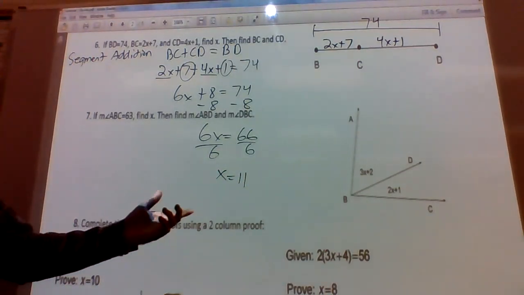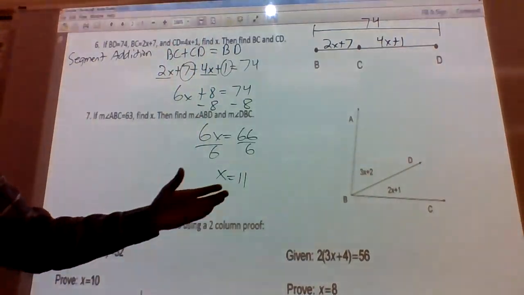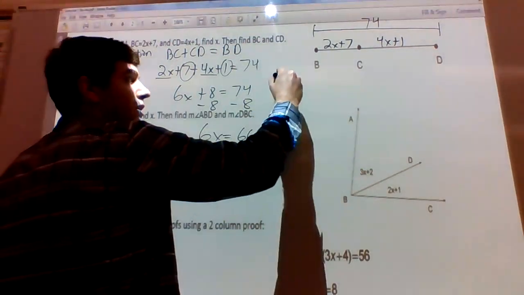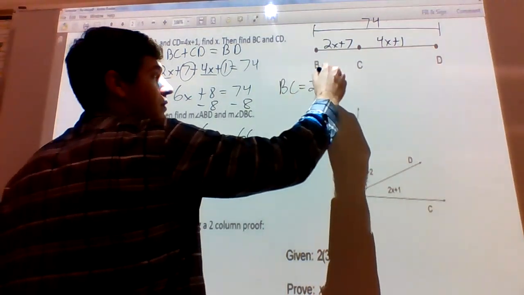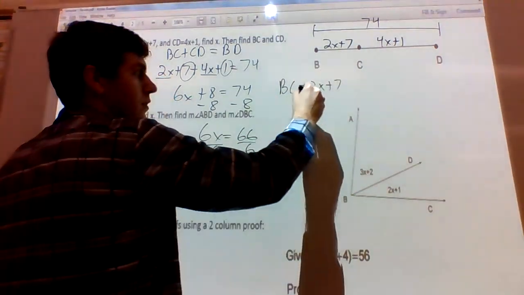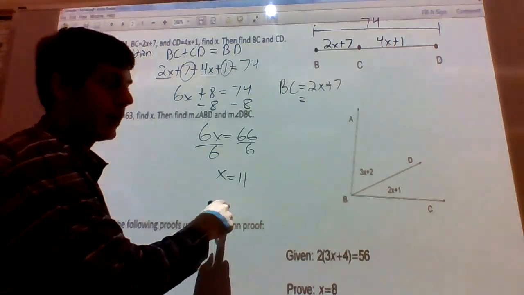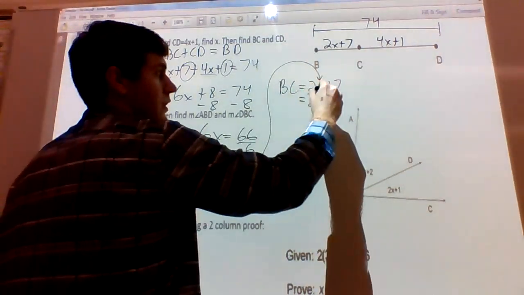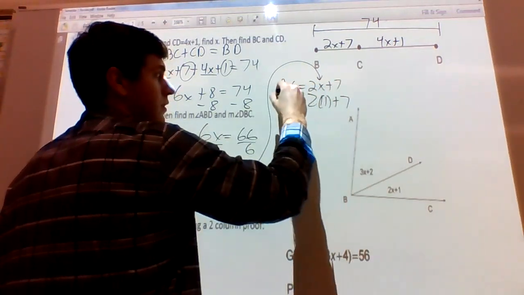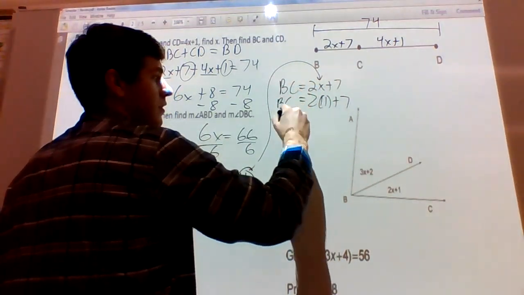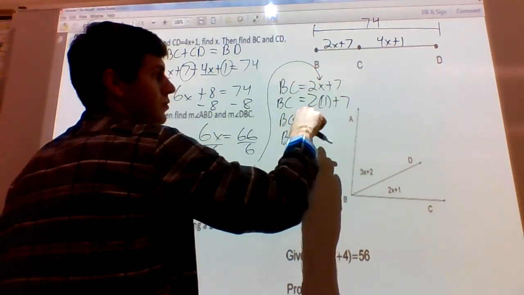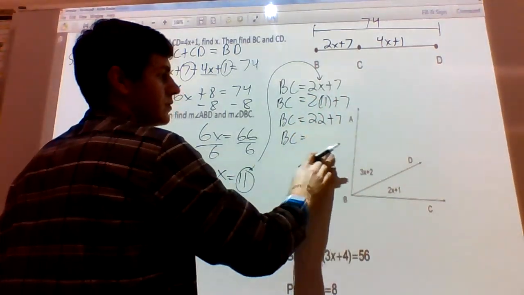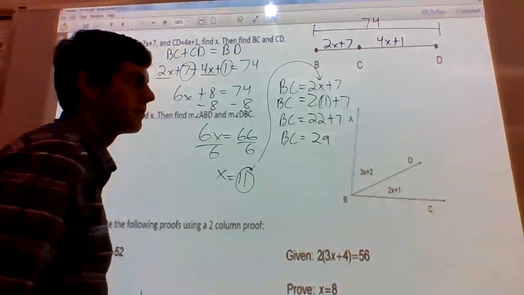The question is saying find x, but it's then saying find BC and CD. Well, we know BC was 2x plus 7. We know x is 11, so we can substitute in 11 for x. 2 times 11 is 22. 22 plus 7 is going to give us 29.